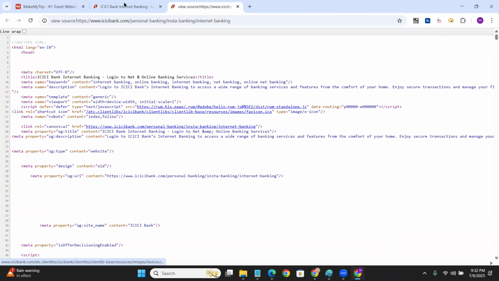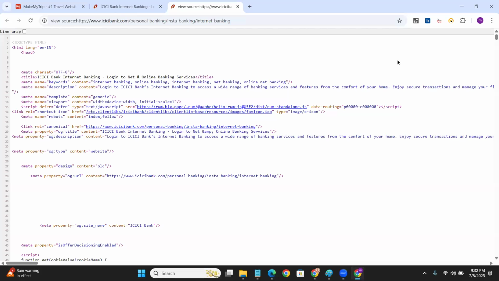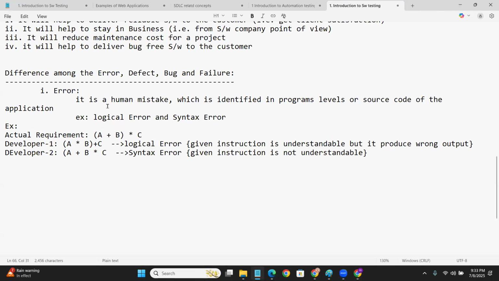It is identified at this level, not at the page level. It's code level when you identify it in the source code. So it is a human mistake identified at the program level or the source code of the application. That is what we call an error: logical error and syntax error.